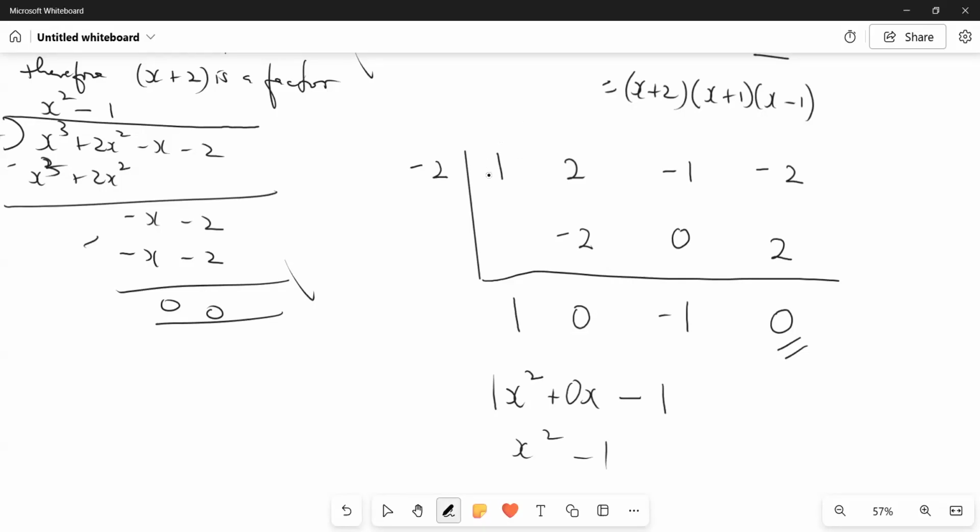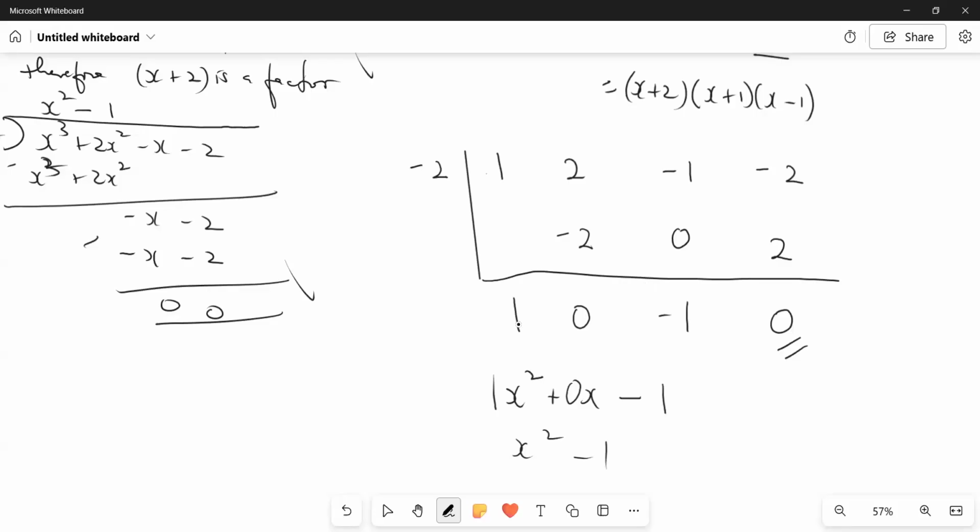Notice here that this is the coefficient of x cubed. But when you divide by x, what will be left is an x squared term. After the x squared term comes the x term, and then comes the constant at the end.